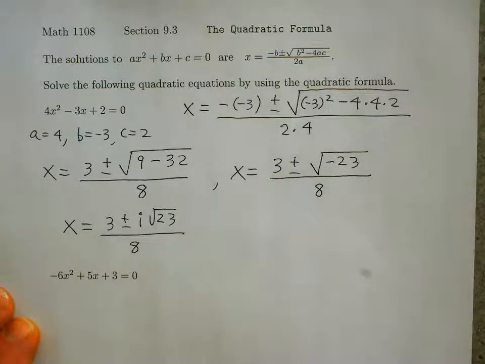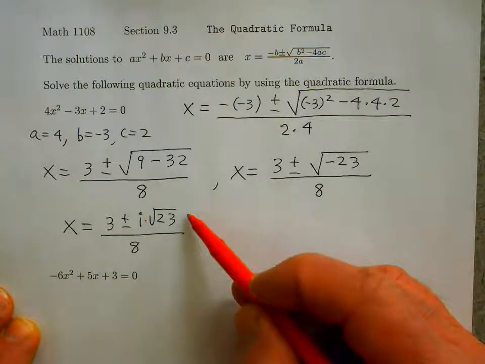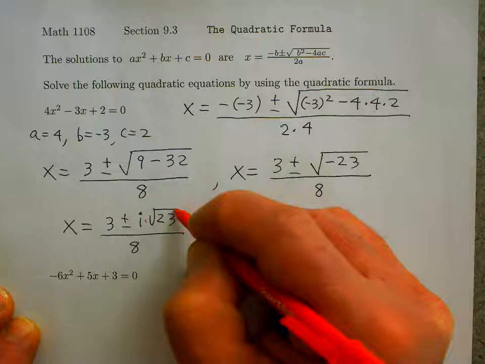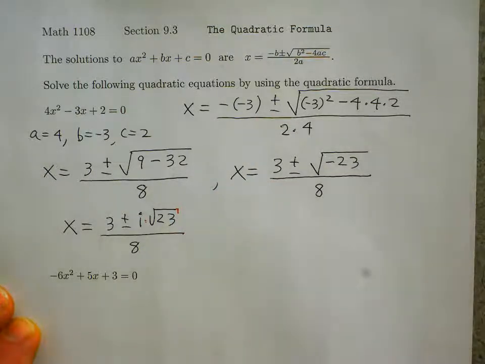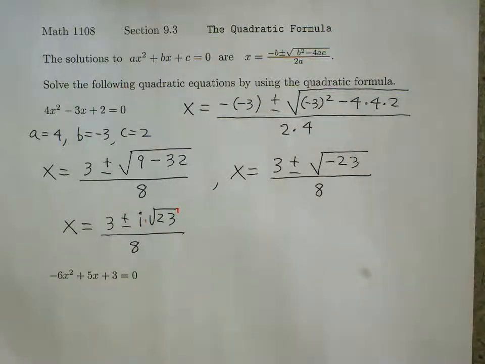So as before, it's okay if you put the factor I to the right of the square root of 23. You just have to make sure that you don't put I inside the square root. So these two solutions are non-real complex solutions.